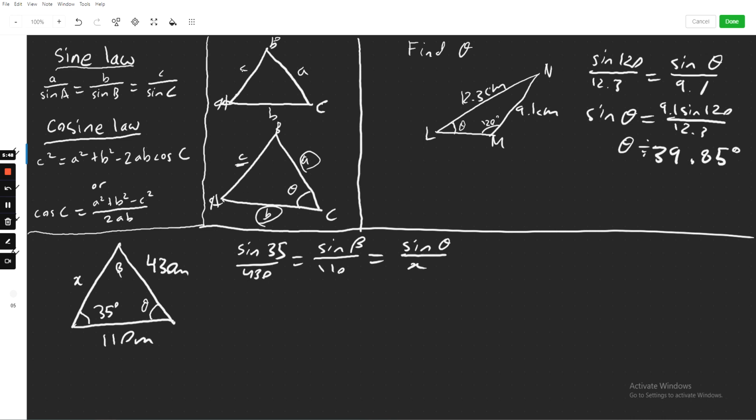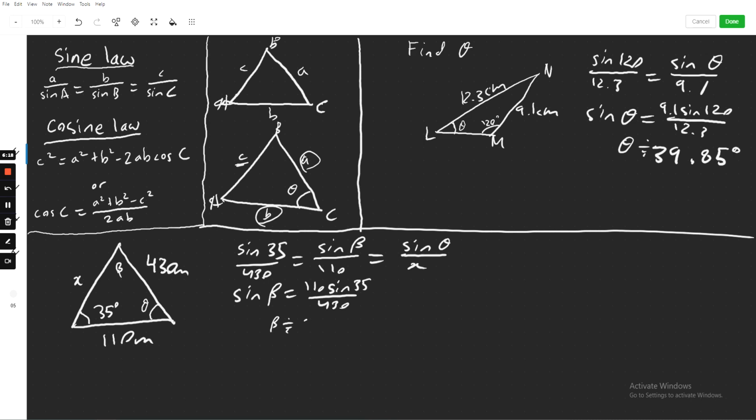So first we would look at this, rewrite for sine beta equals 110 times sine 35 over 430. Beta equals about 110 times sine 35 over 430, and then inverse sine that.